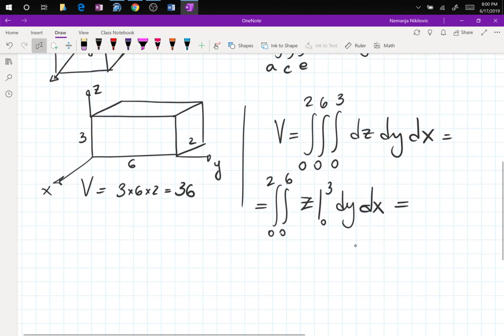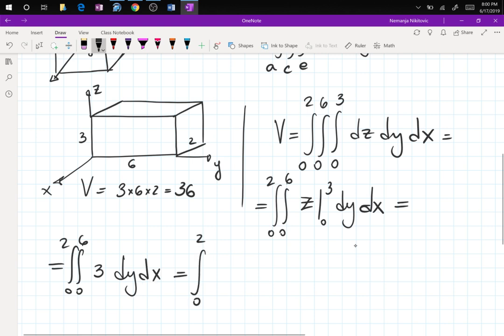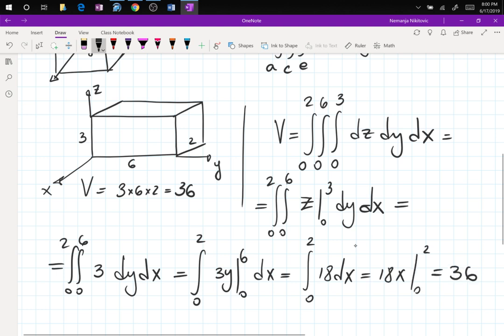So that's going to be now the double integral of 3 minus 0, which is just 3, dy dx. When you integrate the inner integral again, that's 3y computed from 0 to 6. Still have dx to deal with. That's 18. So you have the integral from 0 to 2 of 18 dx, which is 18x, from 0 to 2, which is 36.